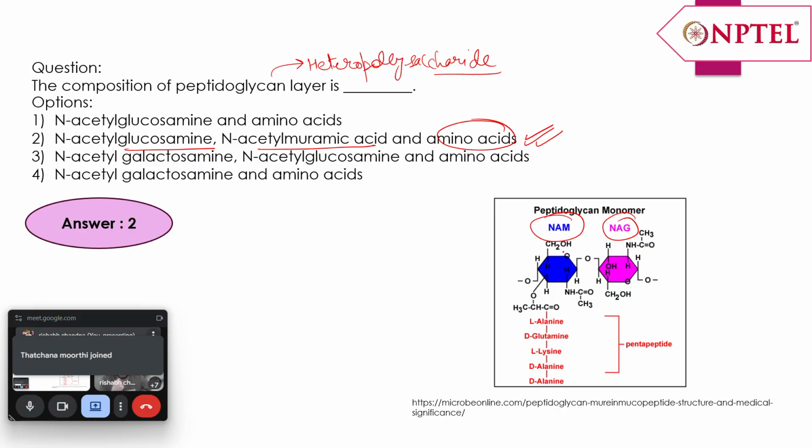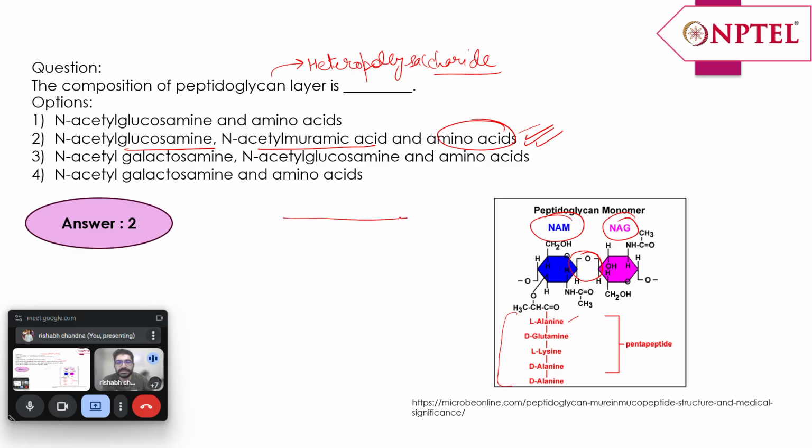These both are linked by the glycosidic bond, and there is also a pentapeptide attached to the N-acetyl muramic acid. This pentapeptide has different amino acids in gram positive and gram negative bacteria. It is present in a chain-like structure.